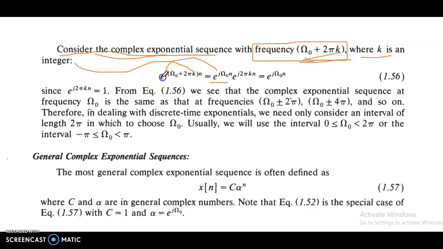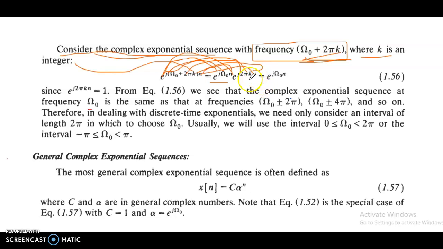Here e power j omega naught n multiplied by e power j 2 pi k n.